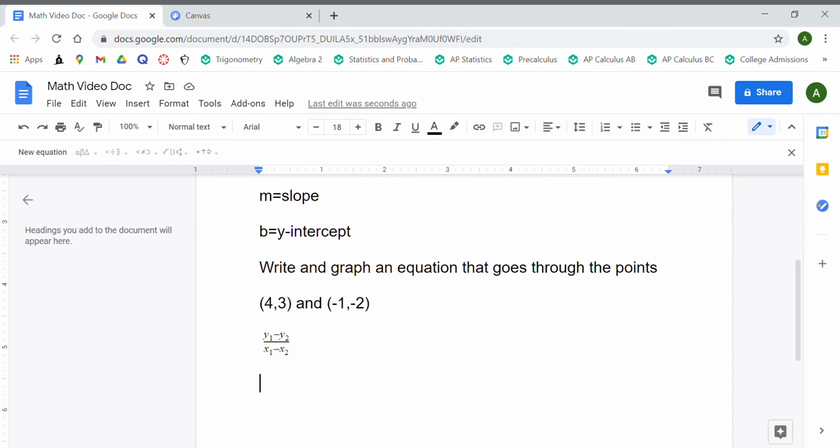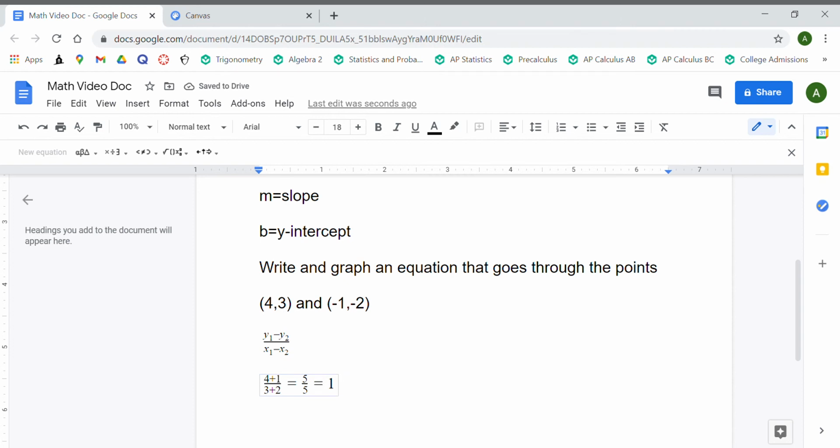Alright, so I prefer to use the top version, and so we're going to do 4 minus -1, which I'm going to write plus 1, and then 3 minus -2 equals 3 plus 2, and then set that equal to 5 over 5, which equals 1.